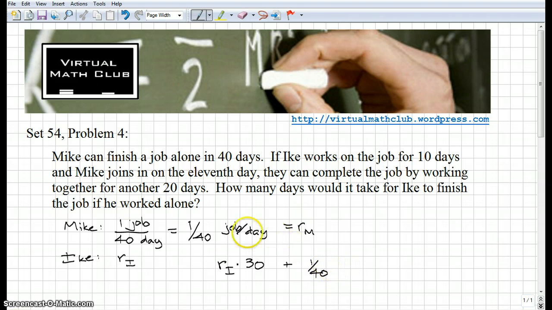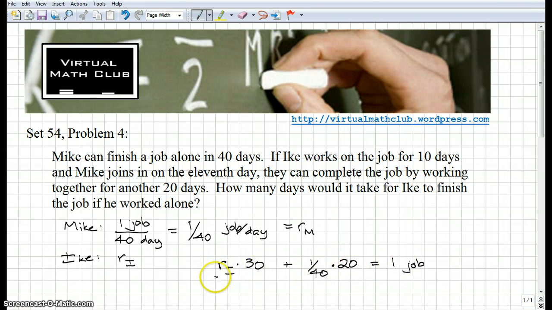If I take that times the length of time that he worked, which was 20 days, I get the portion of the job that he completed. And in the end, they completed one job, working this way. So Ike worked for 30 days, and Mike worked for 20 days, and they were able to complete it.